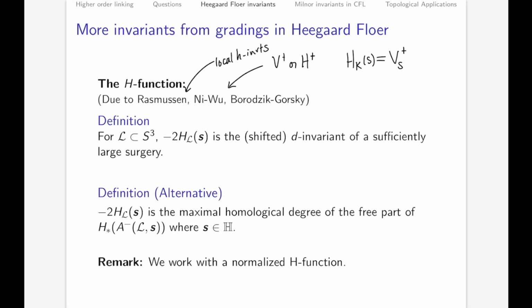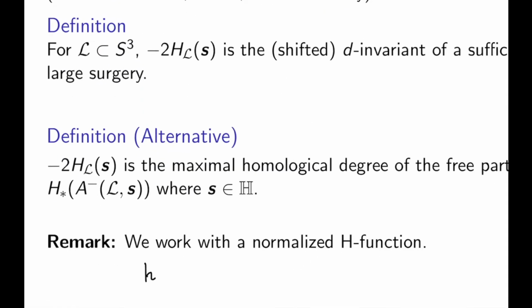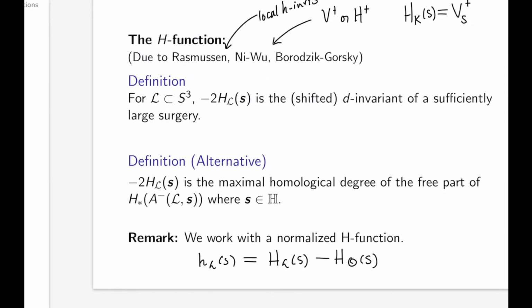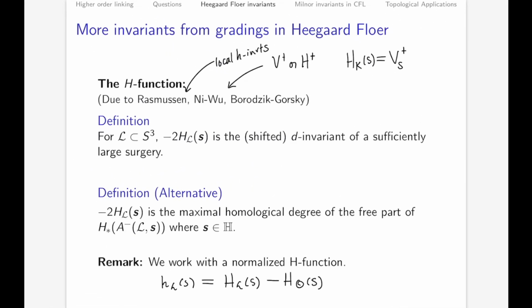You can alternatively define the H function as the maximal homological degree of the free part of the homology of the subcomplex A. What we actually work with is a normalized H function, which we call little h. Little h of our link is defined to be the H function, but then we subtract off the H function of the unknot. That's the version of the H function that we're going to work with for the most part, little h.